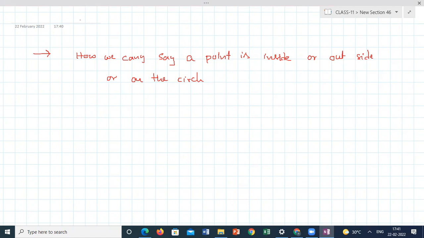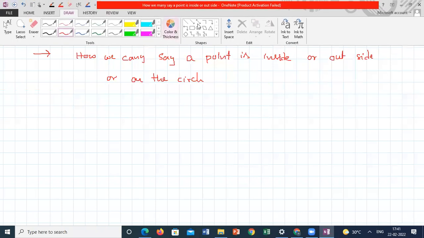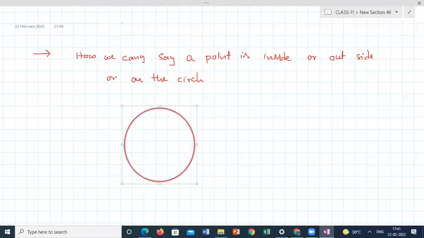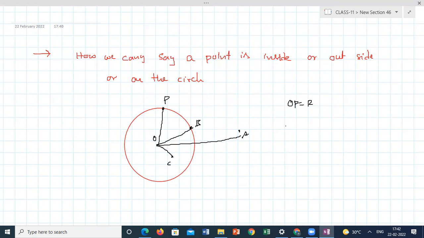It's very simple. Even the same strategy we will use in higher studies. Suppose we take a circle where O is the center, and I'm taking 3 points: A is one point, B is another point, and C is another point. Join the center to the points. And I'm taking some other point P on the circle. OP is the radius. If OA is greater than OP, that is, A is outside the circle.